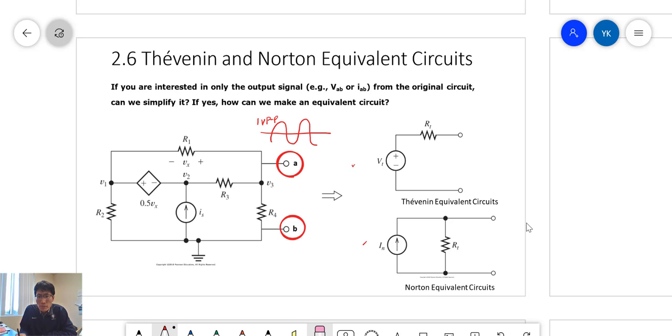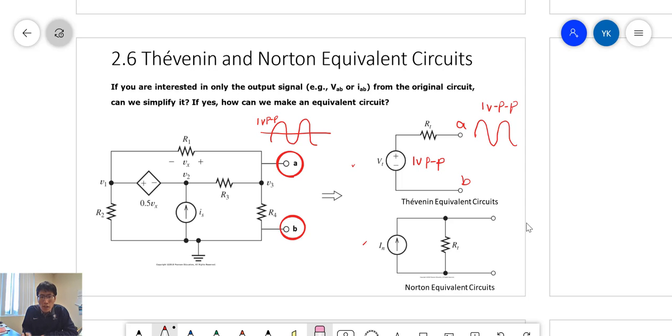And here also the same thing, through A and B terminals, this circuit's 1 volt peak-to-peak signal source generates and sends it. So eventually the same signal will come out, 1 volt peak to peak.